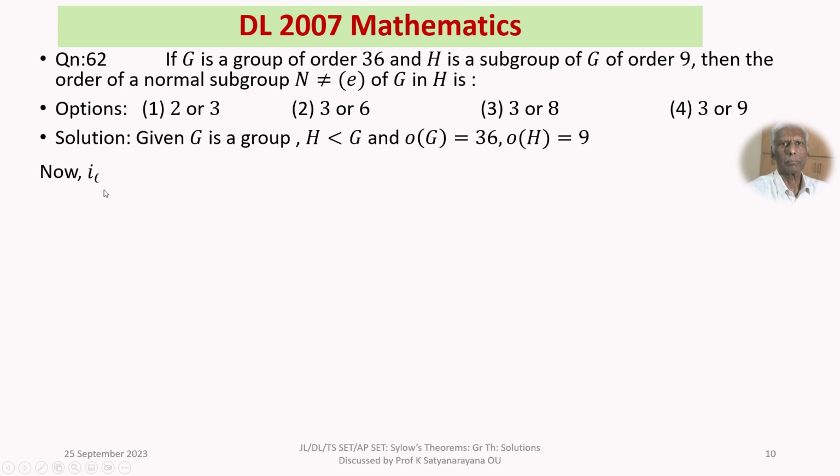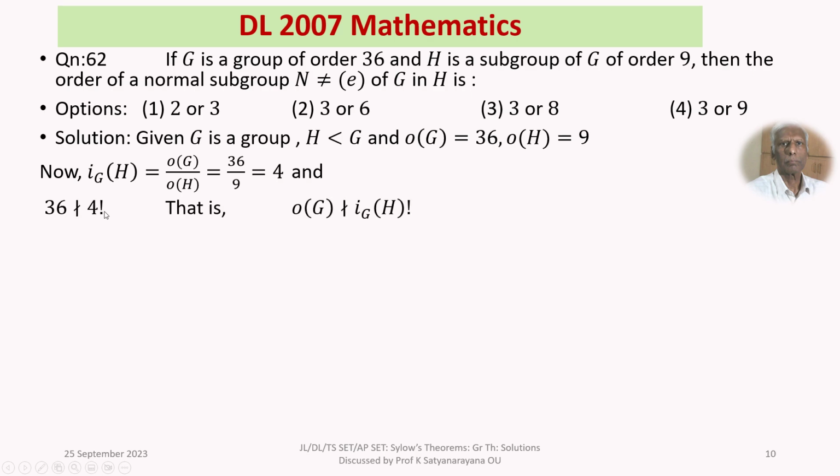Agreed. Now, the index of H in G, because G is finite, is order of G by order of H, that is 36 by 9, which equals 4. So 36 does not divide 4 factorial; that means the order of G does not divide the index of H in G factorial.